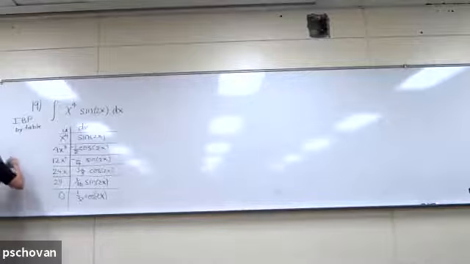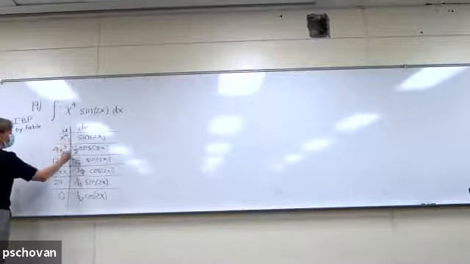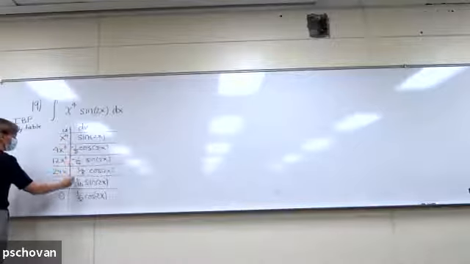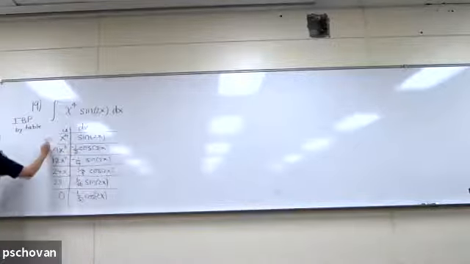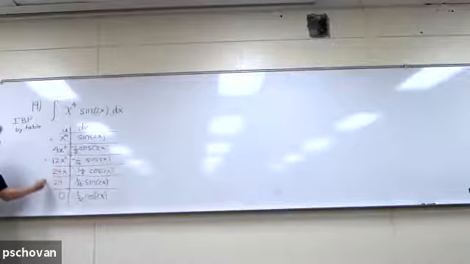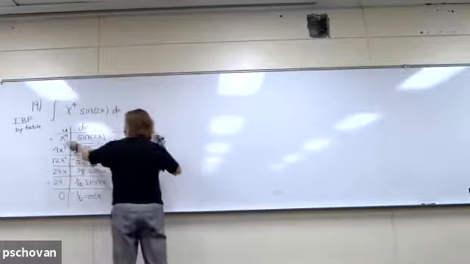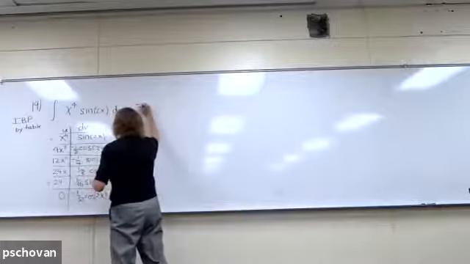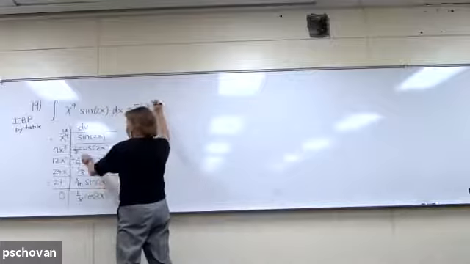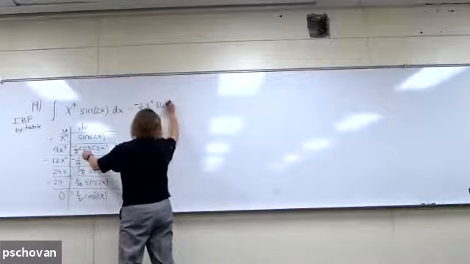Then we do the down-the-diagonal products. Keep the sign, change the sign, keep the sign, change the sign, keep the sign. So the first one is going to be a negative 1/2 x to the 4th cosine of 2x.